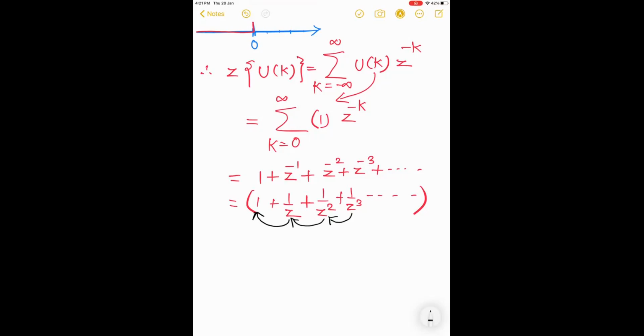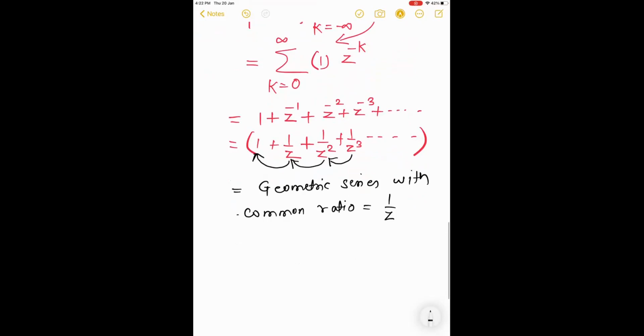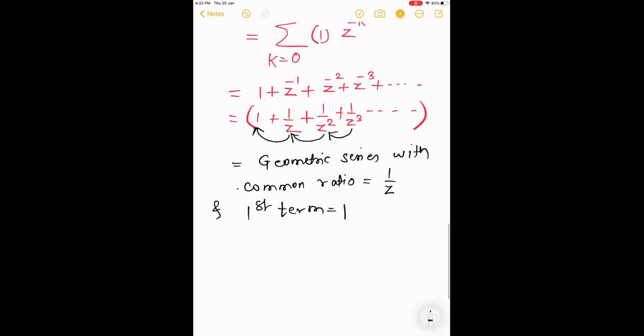Similarly, the fourth term upon the third term, the ratio remains 1 upon z. Therefore, this particular series is a geometric progression with common ratio 1 upon z, correct? And the first term, we are interested in that because we know the summation answer. So the first term is 1.